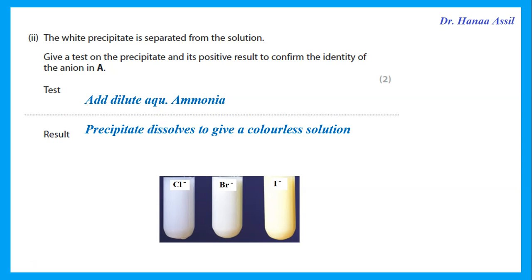If it was bromide, it wouldn't dissolve in dilute, it would dissolve in concentrated aqueous ammonia. And if it were iodide, it wouldn't dissolve in any of them. It doesn't dissolve in dilute and it doesn't dissolve in concentrated aqueous ammonia. So this is supposed to be chloride. It would dissolve to give a colorless solution.